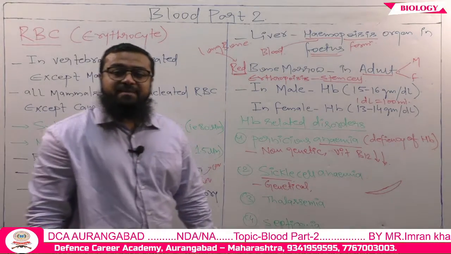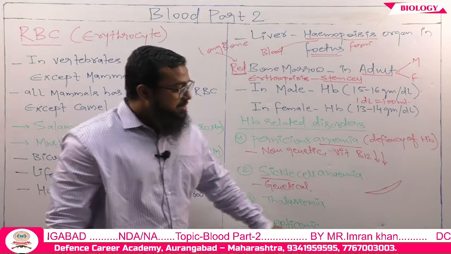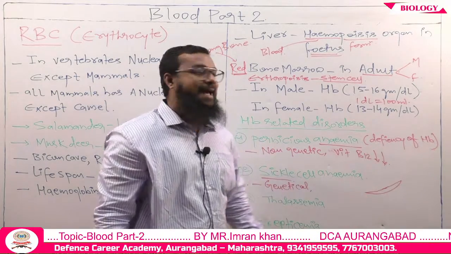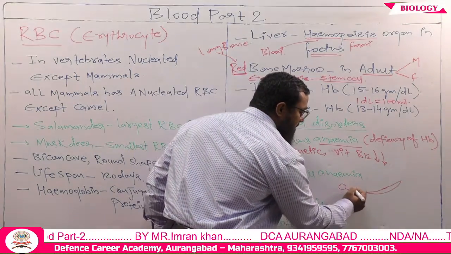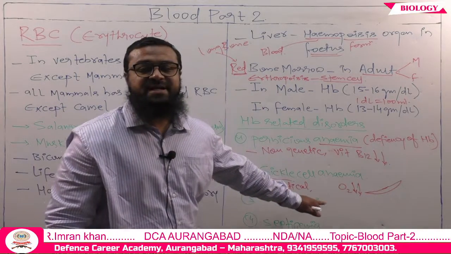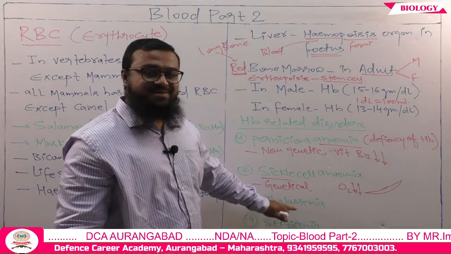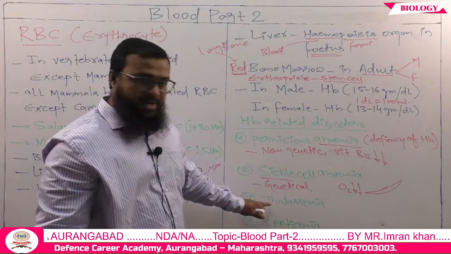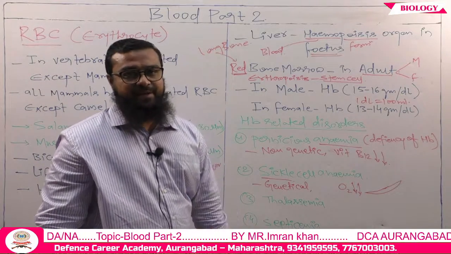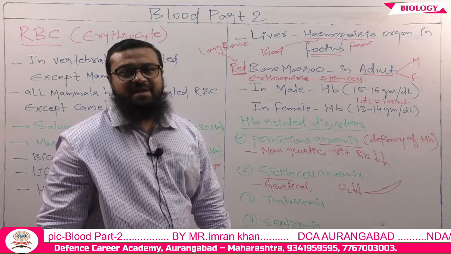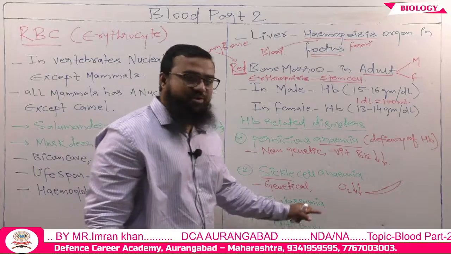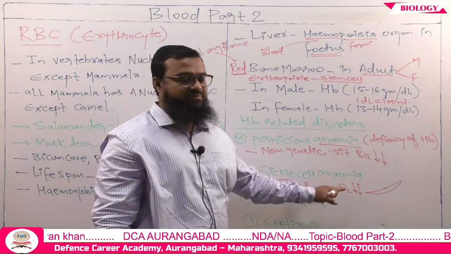If the RBC shape is reduced to half moon shape, obviously oxygen carrying capacity will also decrease because of the reduction in shape of RBC. So this is the genetic disorder, and it will transfer from parents to their offspring, who always have an insufficient amount of oxygen because the shape of RBC is reduced to half moon shape.